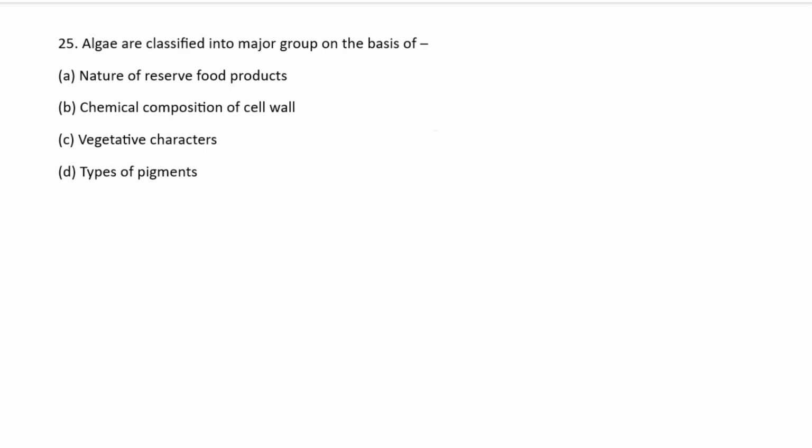Question number 25. Algae are classified into major groups on the basis of.